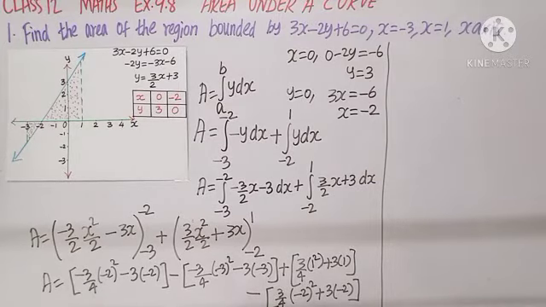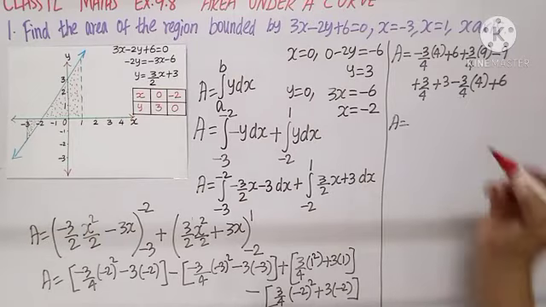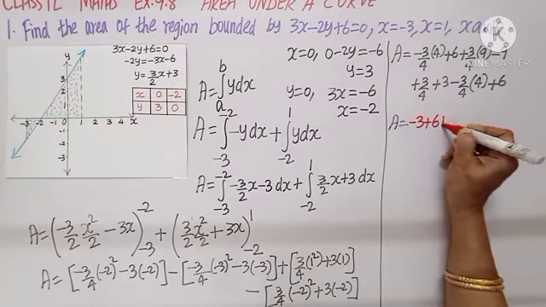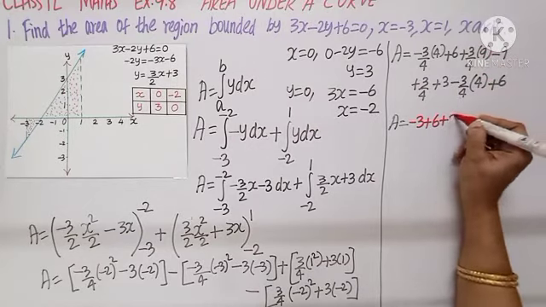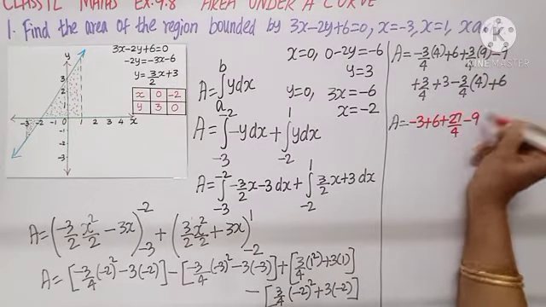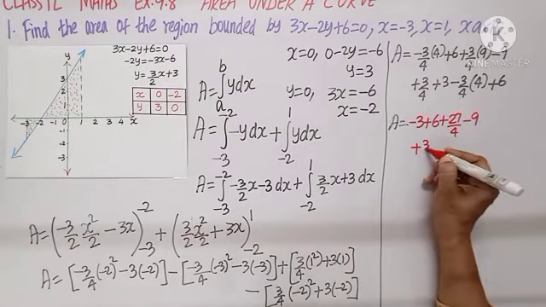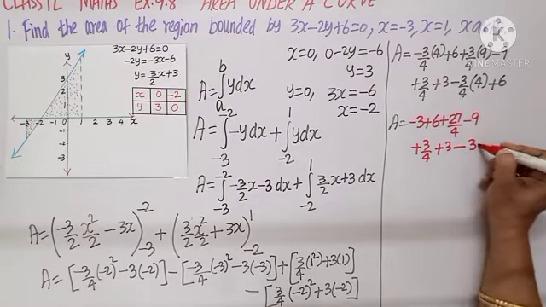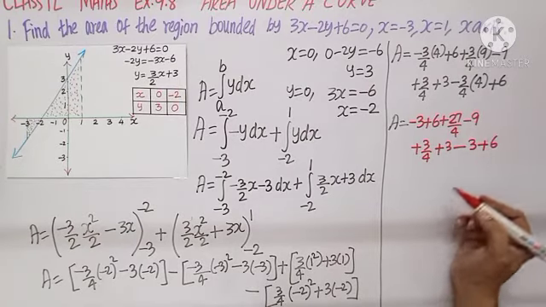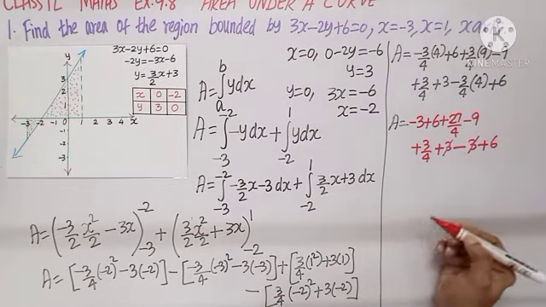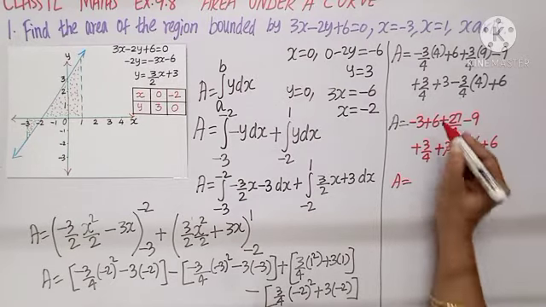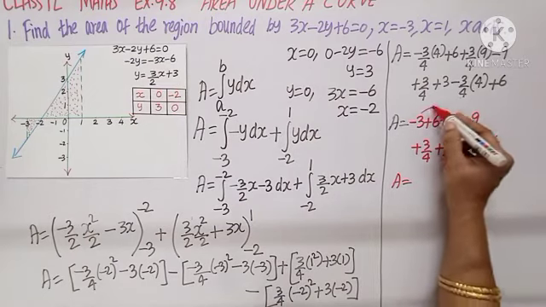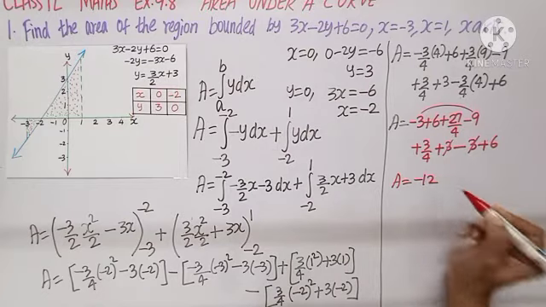As we simplify further, 4 cancels, minus 3 plus 6, 3 into 9, 27 by 4, minus 9, plus 3 by 4, plus 3. 4 cancels, minus 3 plus 6. 3 and 3 cancel. We are left with 9; the negative symbols give minus 3 minus 9, minus 12.